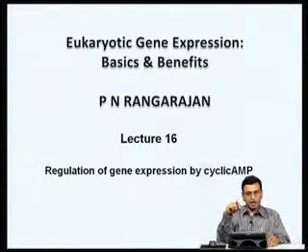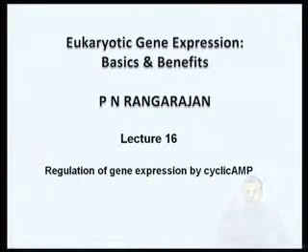So, what I will do in this class is to discuss with you the regulation of gene expression by cyclic AMP. Molecules which interact with cell surface receptors result in the activation of the GPCRs, that is the G protein coupled receptors, which are the seven serpentine receptors or the seven membrane receptors.